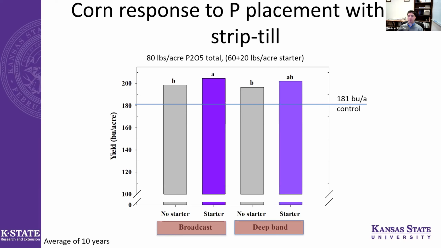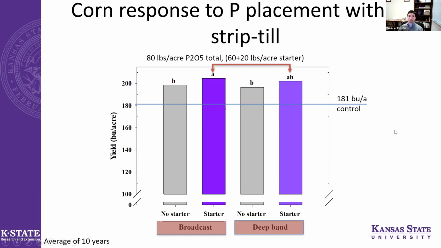These differences are small enough that in 1 or 2 years, sometimes we don't see them, but in this case, with the average of 10 years, you start to see consistently that splitting that phosphorus is giving an advantage over time. As you can see, the control is about 180 bushels average of those 10 years, without starter fertilizers, either deep band or broadcast, and this is with split applied starter, putting 20 pounds of that starter fertilizer at planting time.